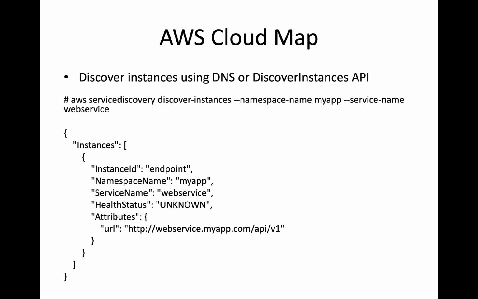And the service discovery returns a JSON response, giving us the endpoint for that web service. You can see this in an attribute here. One of the attributes is the URL that an application could use to communicate with that particular service.